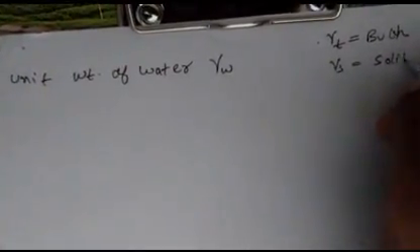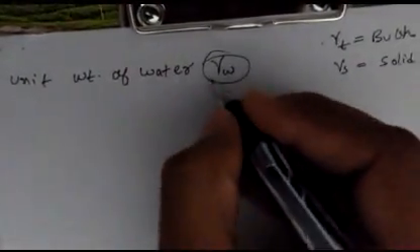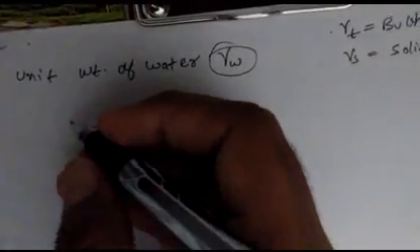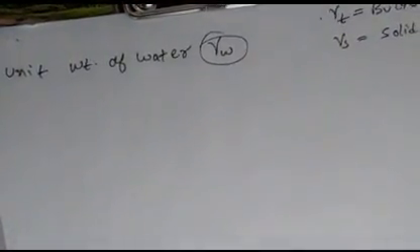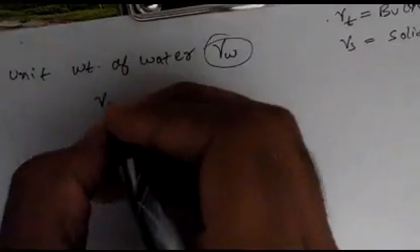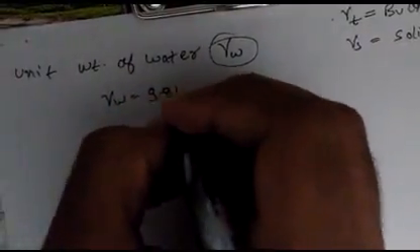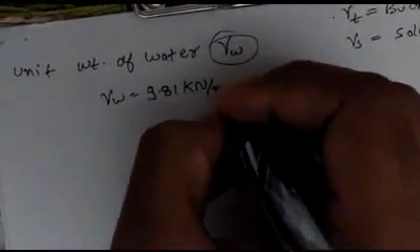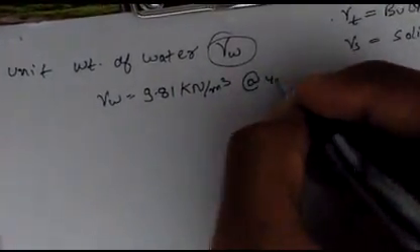We have seen gamma S, that is solid unit weight. Now it is gamma W, unit weight of water. We should know this: water has a maximum density at 4 degrees Celsius, which is equal to gamma W. We all know this, 9.81 kilonewton per meter cube at 4 degrees Celsius.